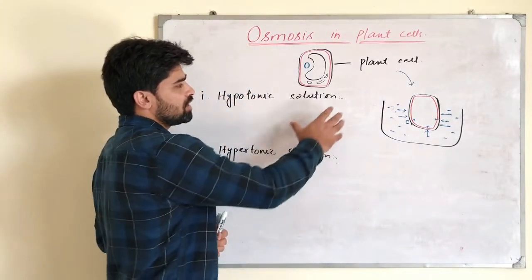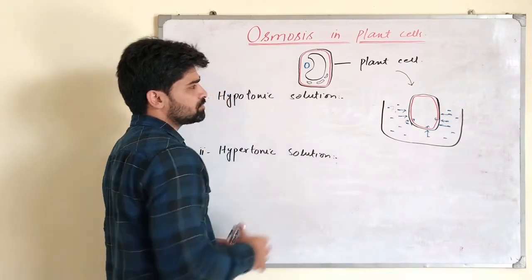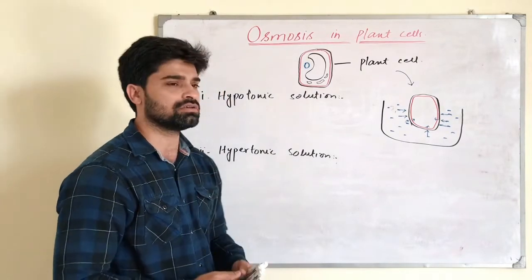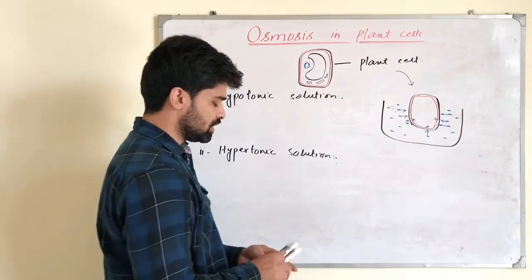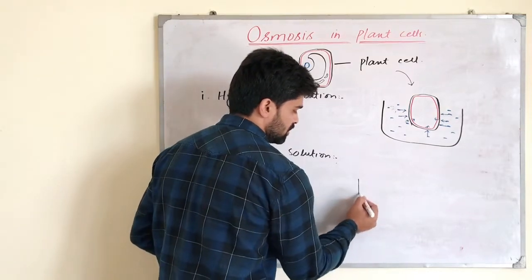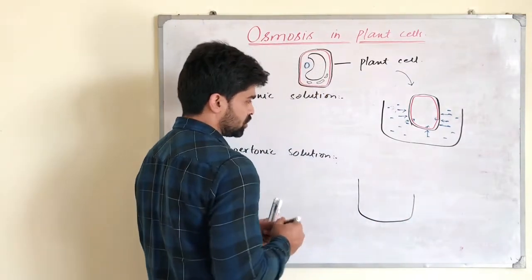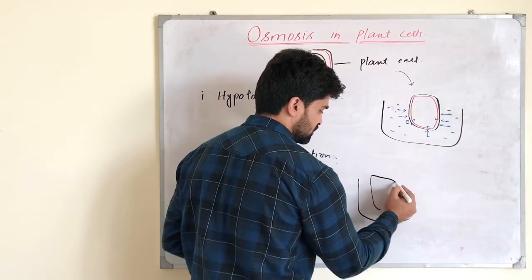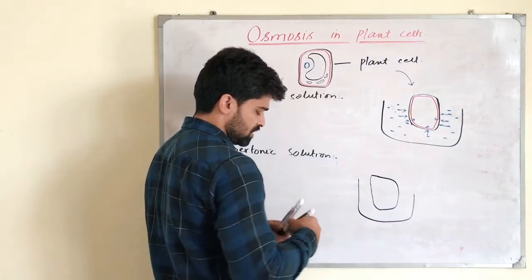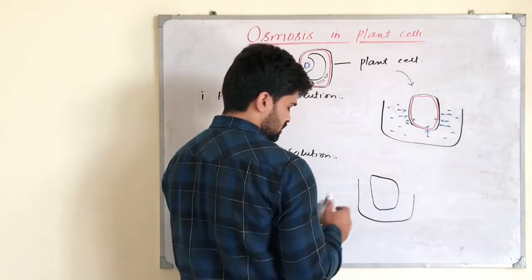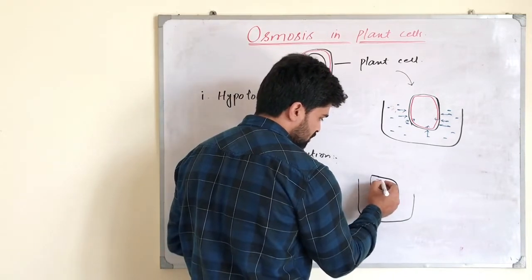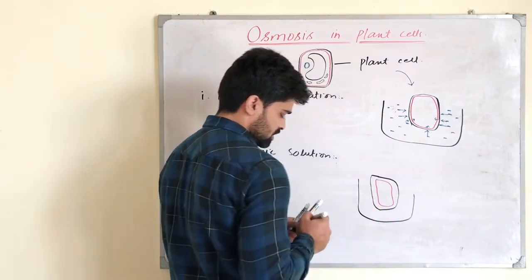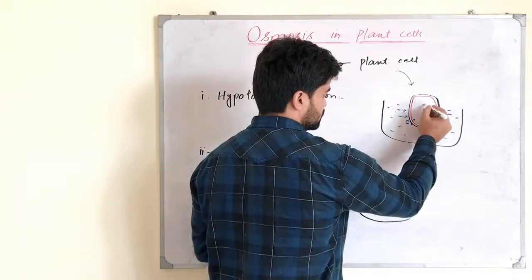Okay, dear students, in the second situation, if we put that plant cell in a hypertonic solution or a sugar solution, what will happen to that cell? We will come to know about that shortly. That cell will become flaccid. The cell wall will remain the same, but the cell membrane will be just like that.